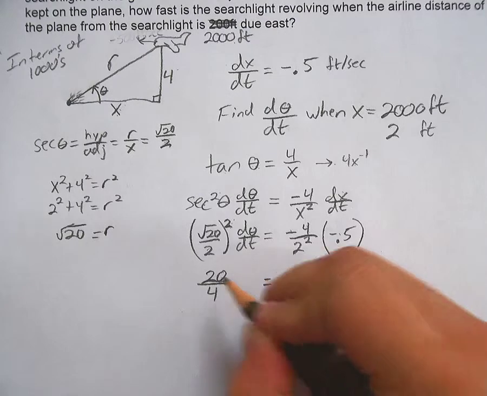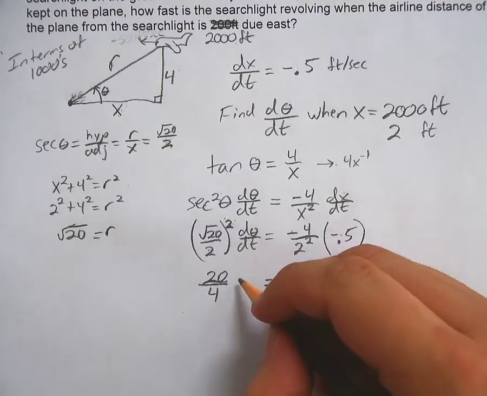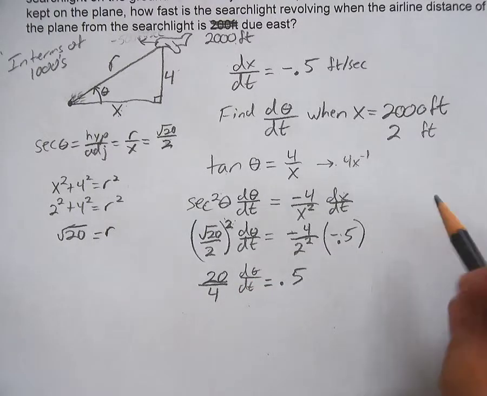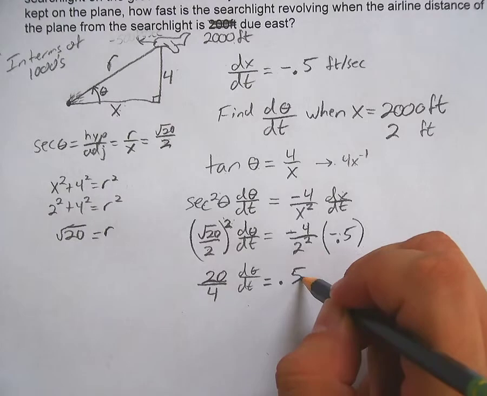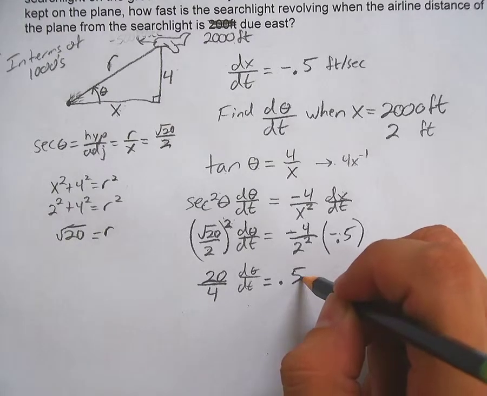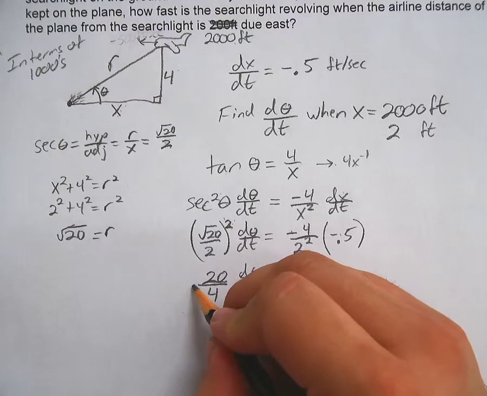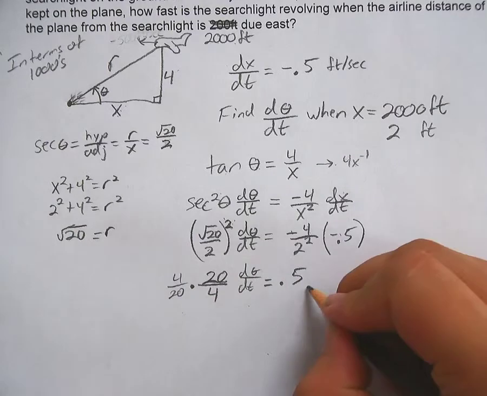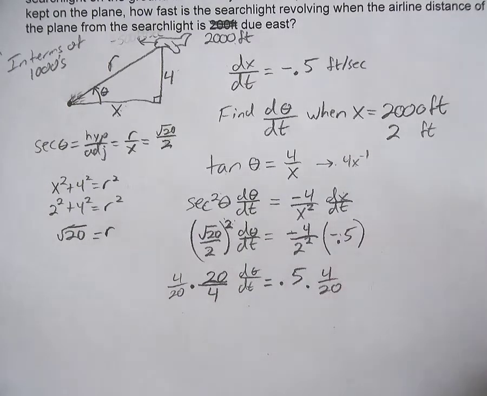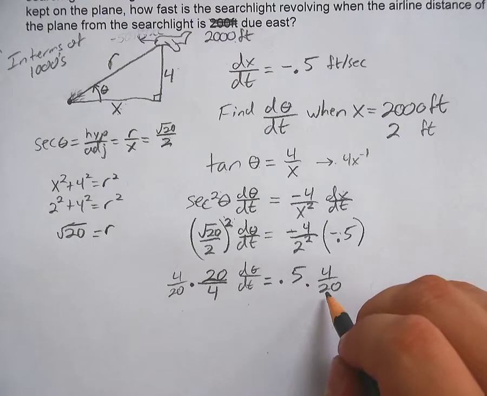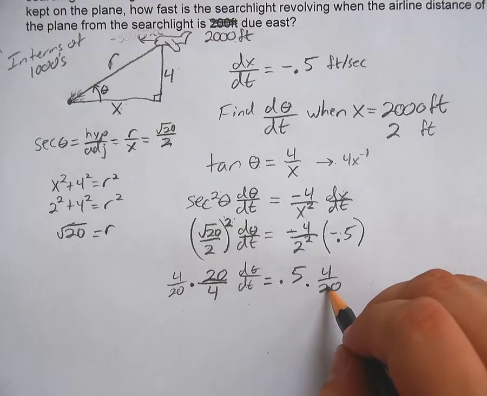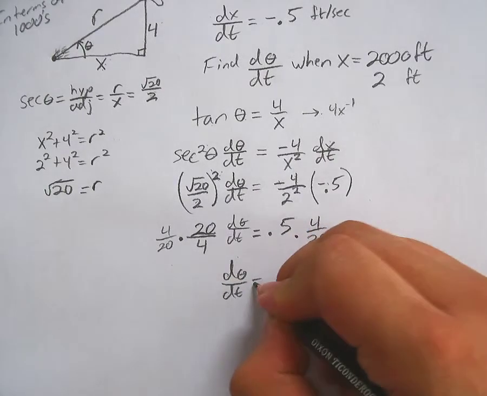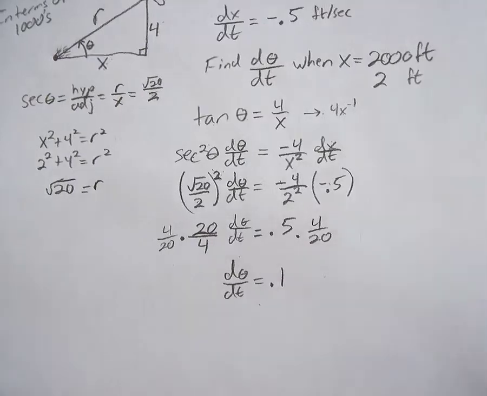Don't forget to distribute your square to the top and bottom. D theta dt. Multiply by 4. Divide by 20. Right? Or you could just multiply by 4 over 20. This is going to end up as 2 over 20, or just 0.1. D theta dt is equal to 0.1.